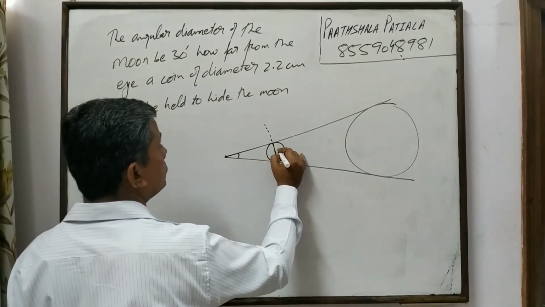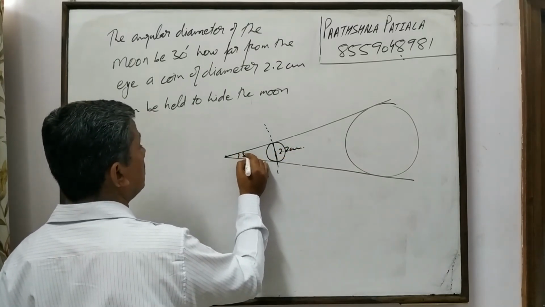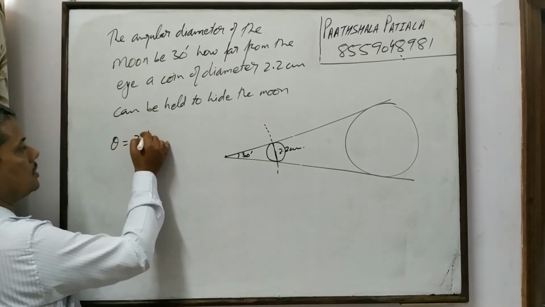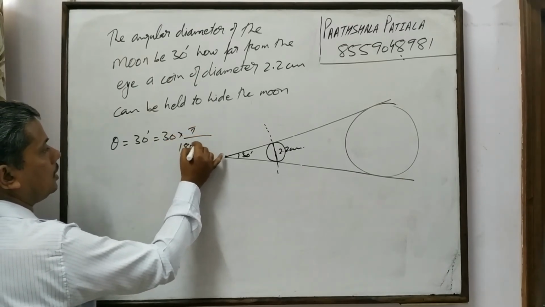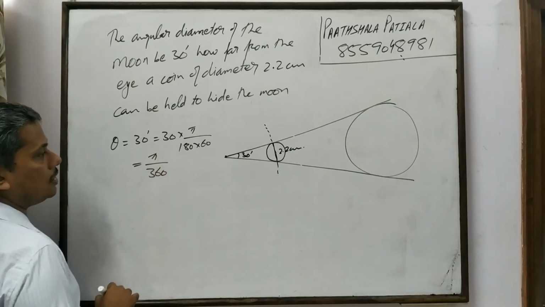So this diameter comes out to be 2.2 centimeter, and theta is 30 minutes, which is 30 into pi upon 180 into 60. This is pi by 360 radians.